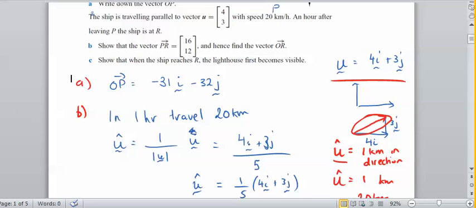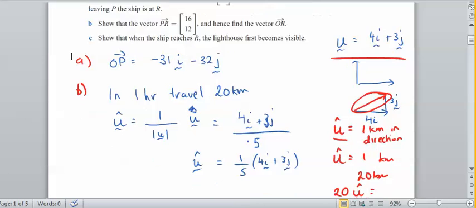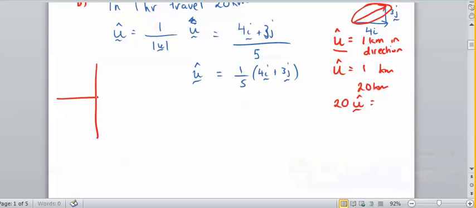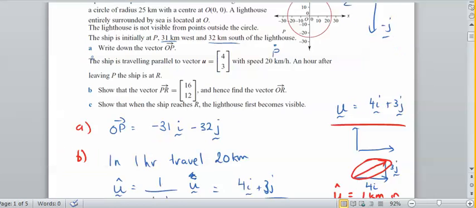Now, show that the vector PR is equal to 16 over 12, and hence find the vector OR. So if our ship starts here, negative 32, negative 31, where does it finish up? Does it say where it finishes up? What are we going to do now?